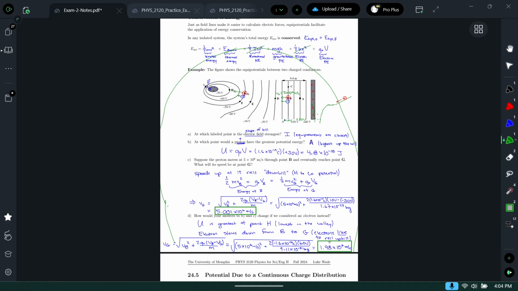Negative charges like to roll uphill, so positive work would be done on them as they go from low to high potential. We can also say for positive and negative charges that if we're interested in the potential created by a positive charge rather than how it's responding to a certain potential, positive charge creates a hill, negative charge creates a valley.